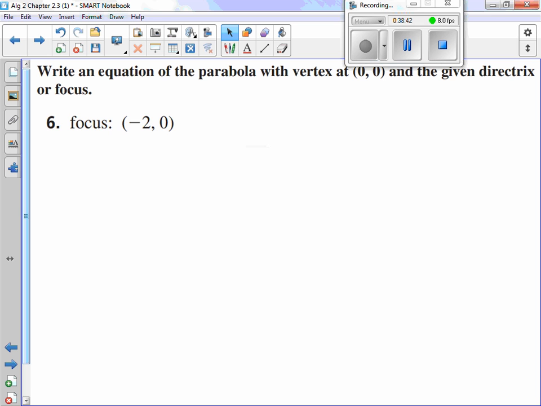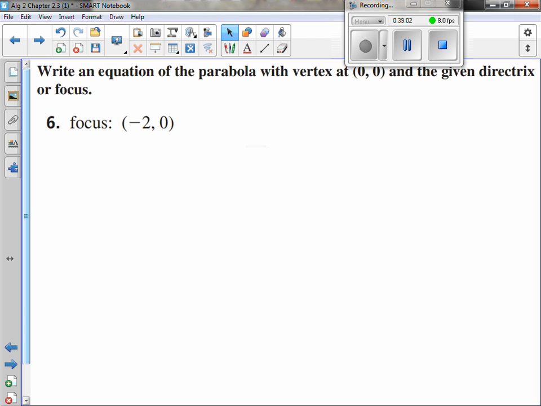Let's look at this one here, number 6, the focus. It gave us the focus. When it gives us the focus, it's actually easier than when they gave us the directrix. Write the equation of the parabola. So 0, p or p, 0, what do we have? P, 0.